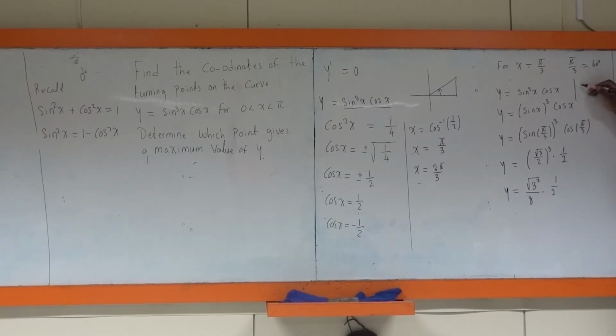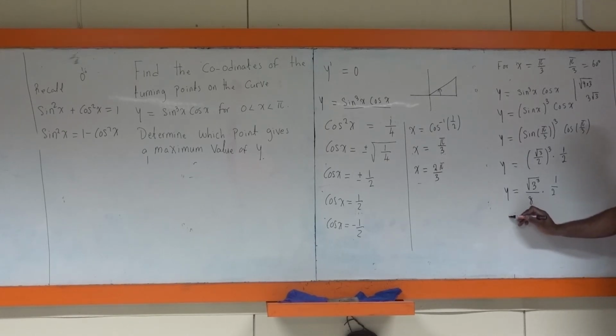Square root of 27 is the same as 9 multiplied by 3, and square root of 9 is 3. So this is 3 square root of 3. So here y equals 3 root 3 all over 16. That is the first value of y.